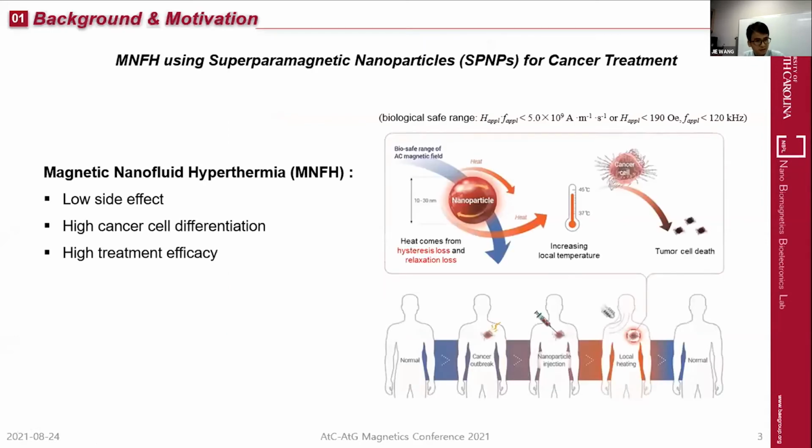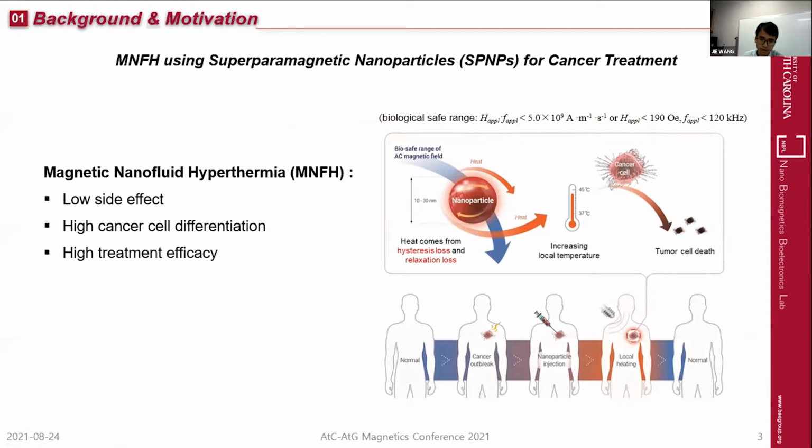Magnetic nanofluid hyperthermia has attracted huge attention in cancer clinics because this method shows low side effects, high cancer cell differentiation, and high treatment efficacy compared to conventional chemotherapy and radiotherapy. Here is the general process of magnetic nanofluid hyperthermia.